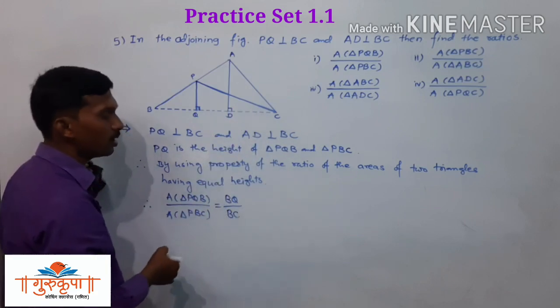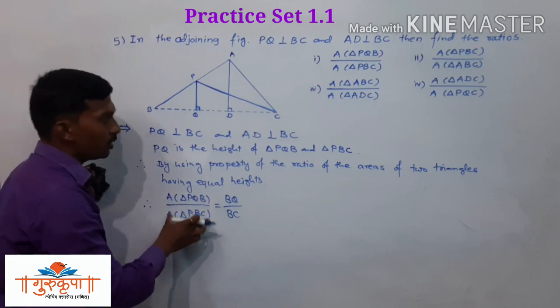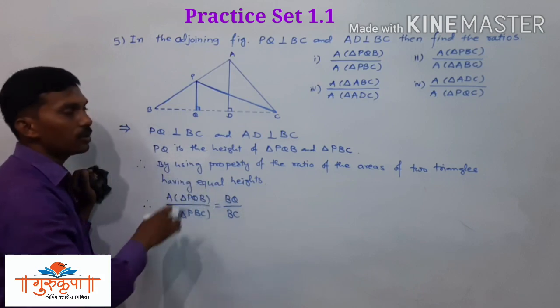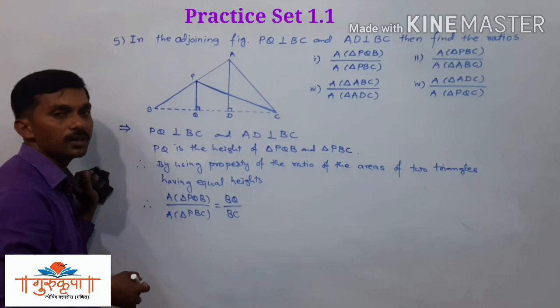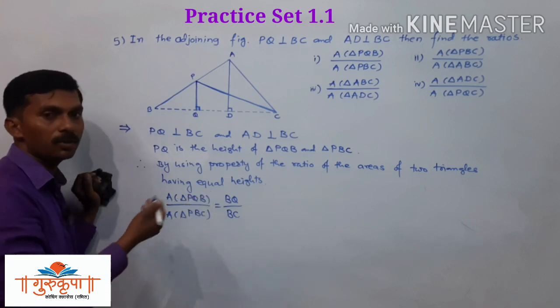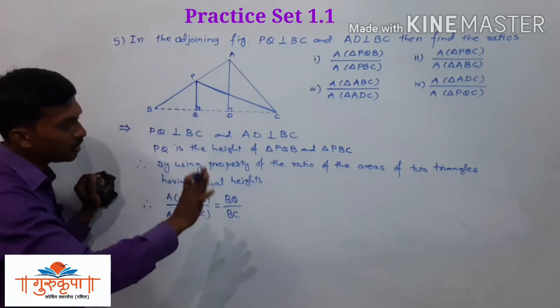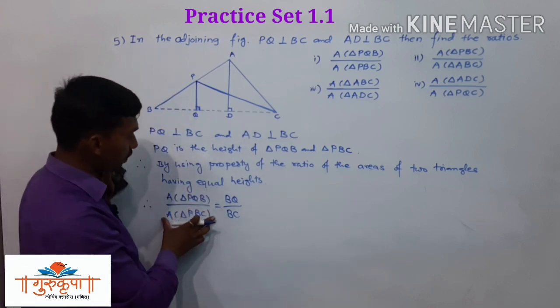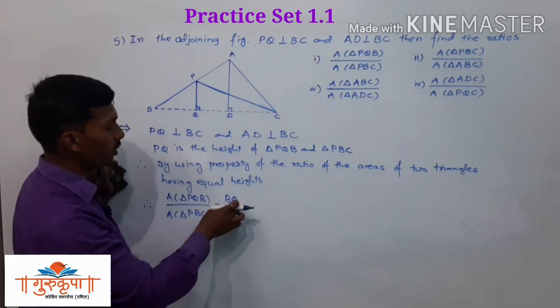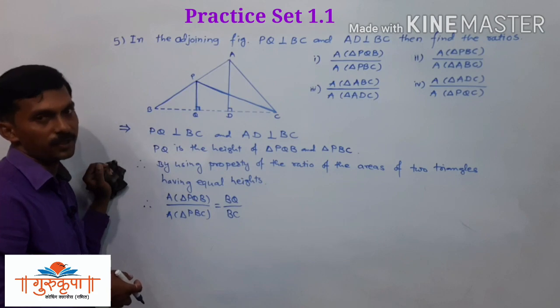So this is the correct answer: area of triangle PQB upon area of triangle PBC is equal to BQ upon BC. Since we don't know the values of BQ and BC, we are unable to write the proper values there since it is not given. So this is our final answer, that is area of triangle PQB upon area of triangle PBC is equal to BQ upon BC.